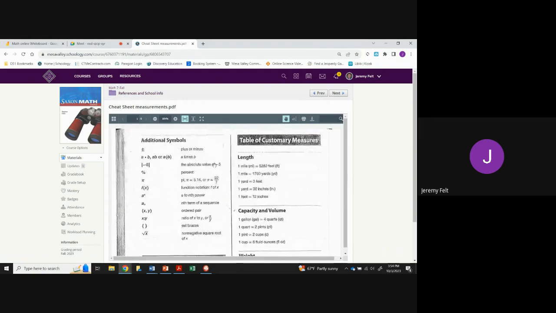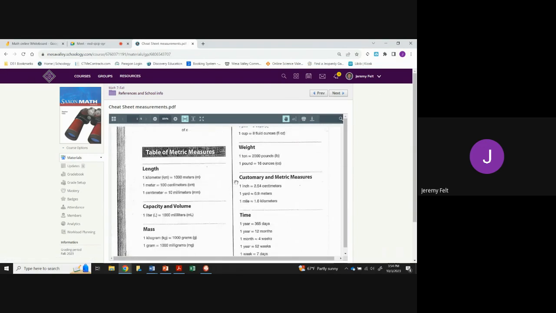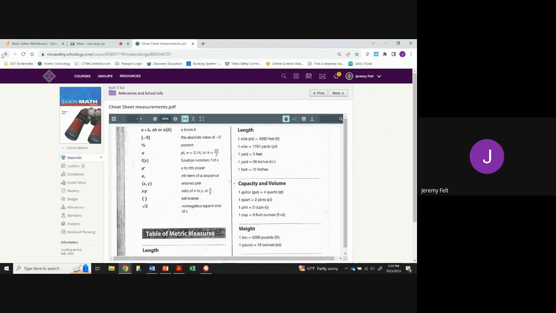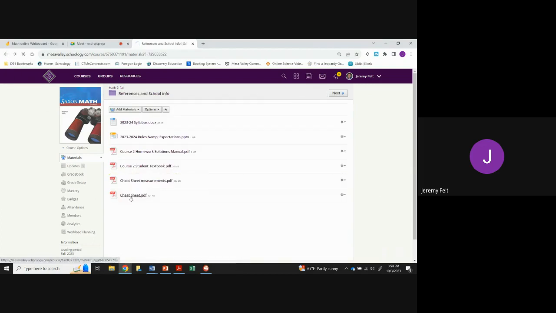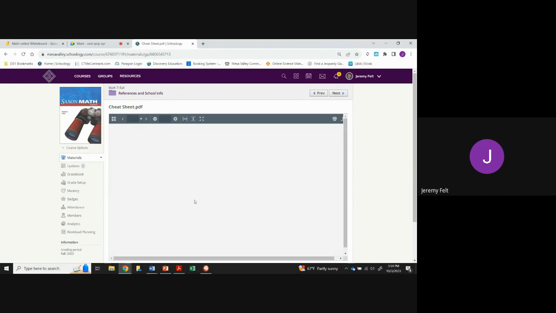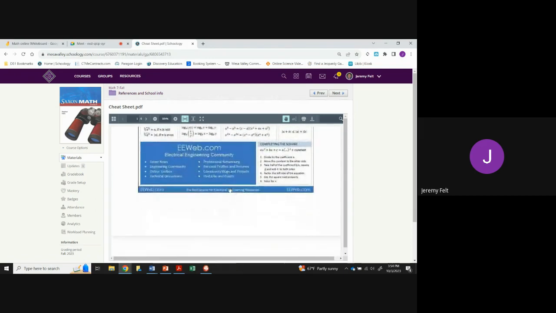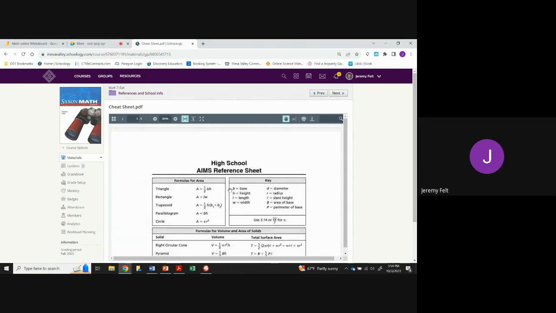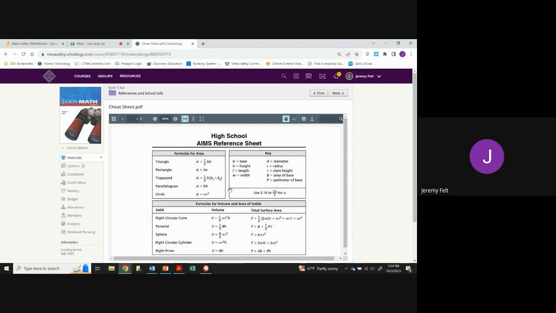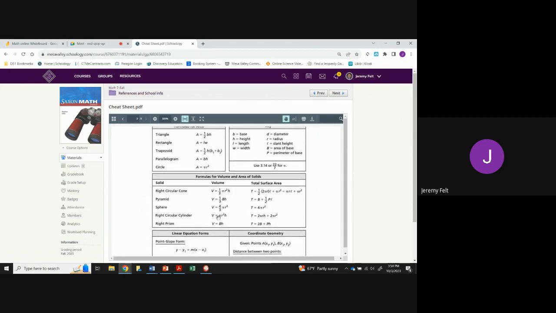And this one has conversions of different lengths, so our unit multipliers, and then just the general one will have our algebraic information, which we're not going to use all of this year by any means, but it has a lot of good stuff that I'd hang on to all the way through high school. It'll help you out. And then on this sheet we have our different volume formulas.